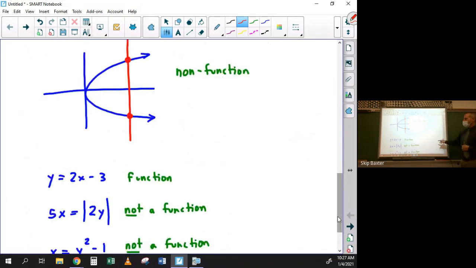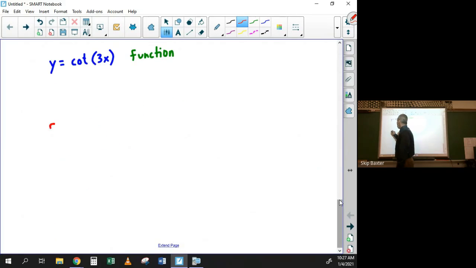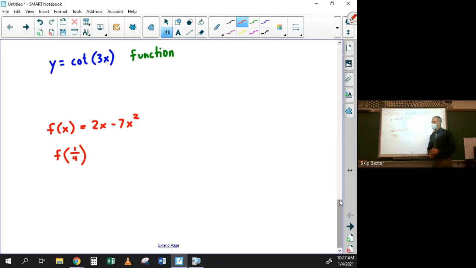If the function is represented by an equation, that's the easiest way of all. You just plug the x value in, and whatever pops out, that's the value of the function. So if I said something like f of x equals 2x minus 7x squared, and they said find f of 1/4. It's kind of a pain in the neck because it's fractions, but it's not that bad.